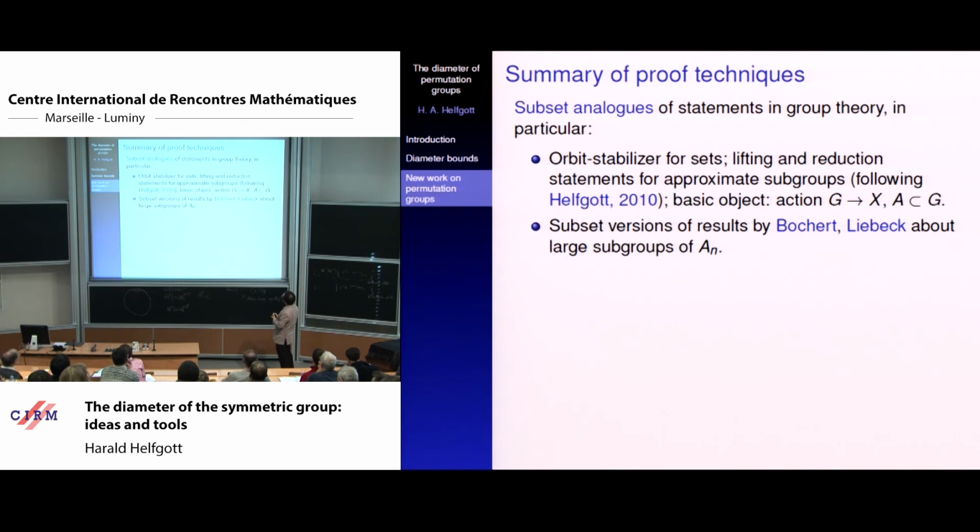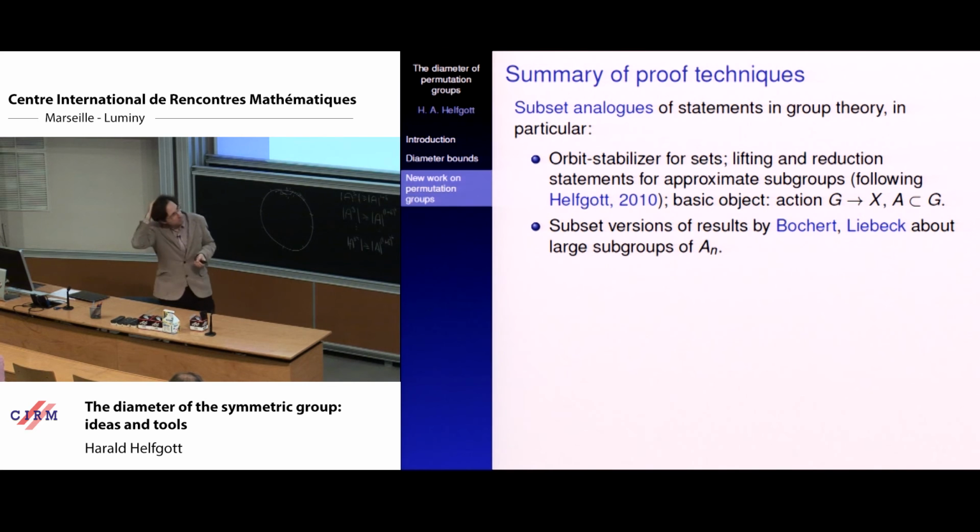So let me give you a summary of some of the moral. And this is the moral not just for this talk, but for the entire process that started in 2005. I said the paper appeared in 2008 for SL2, but I wrote it in 2005.